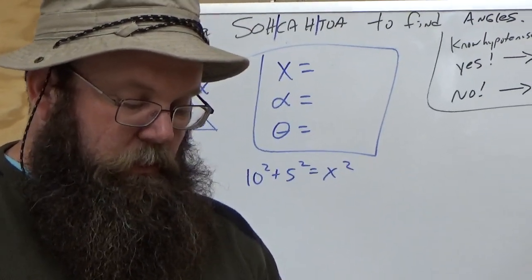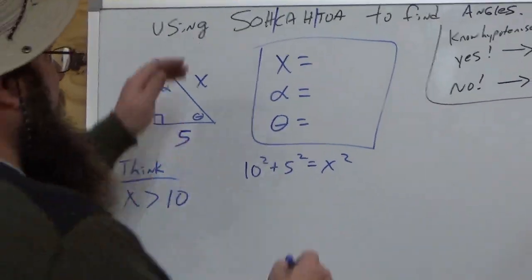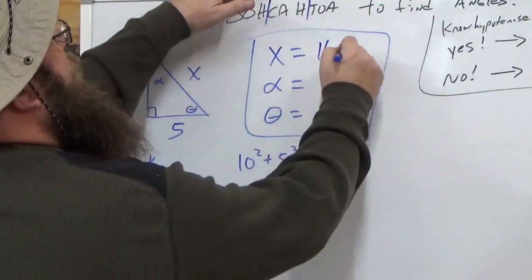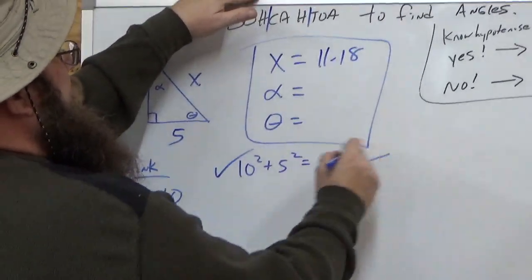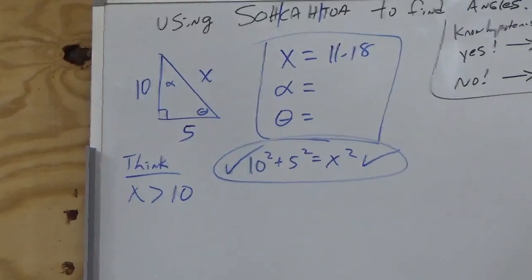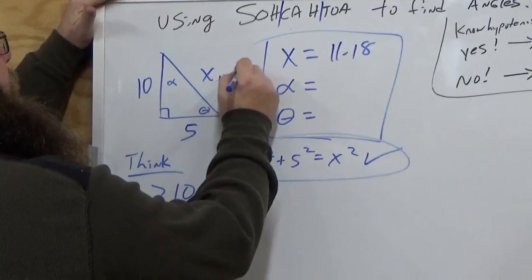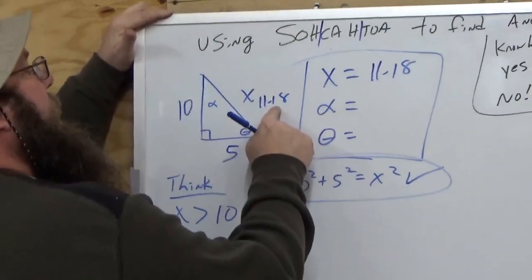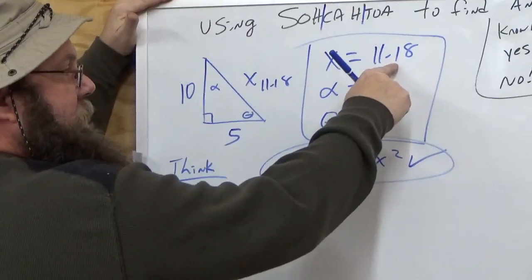Control square root, 11.18. So guess what? X is 11.18. I'm not taking it through the steps for that because, boom, you should know how to do that. Okay? Pythagorean Theorem. So, what do I want to do here? I do not want to use 11.18 to find one of these angles. Why? Because 11.18 was rounded.